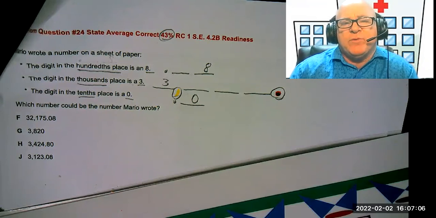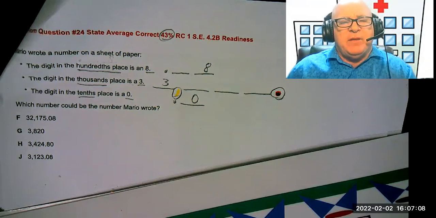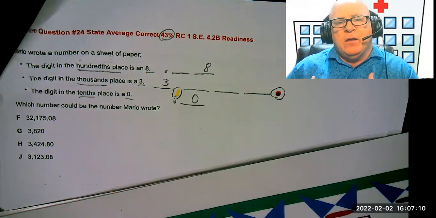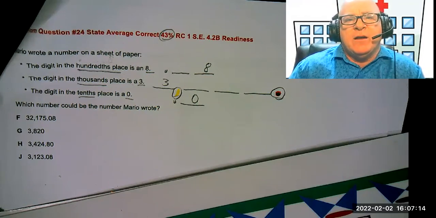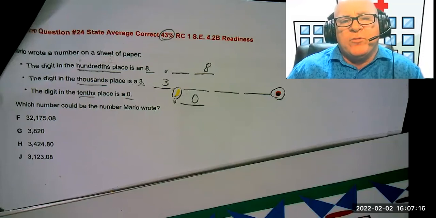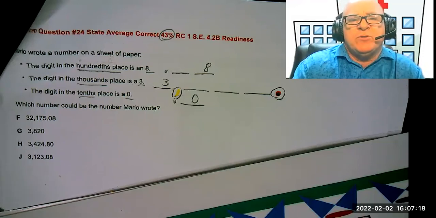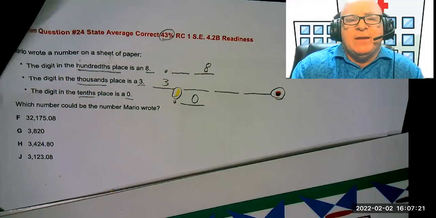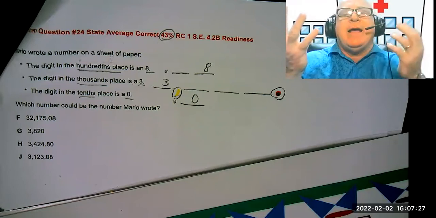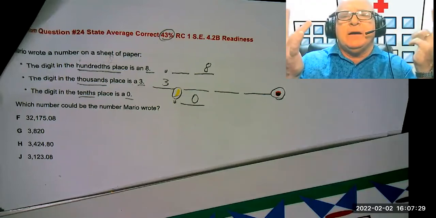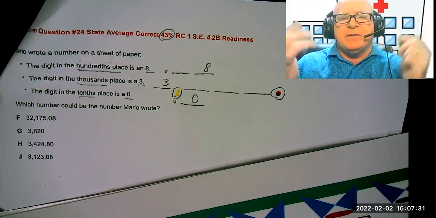But since it was readiness, that means in our state that they should have already been ready to handle this kind of a problem by the time they got to fourth grade. So it was first introduced in third grade, and it's just the idea of place value that includes whole numbers, and decimals followed by tenths and hundredths.